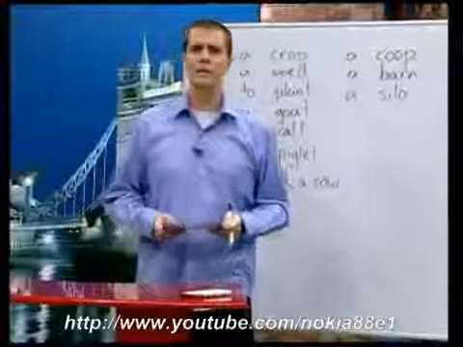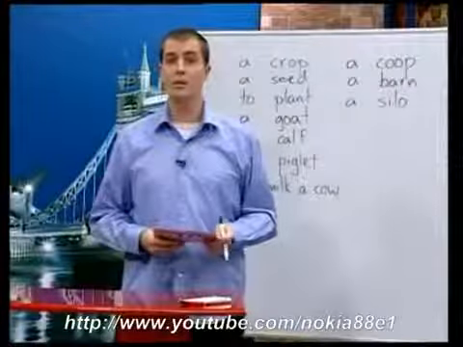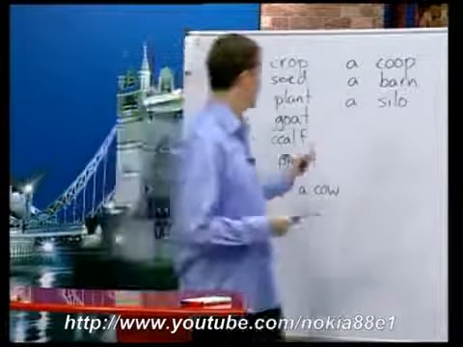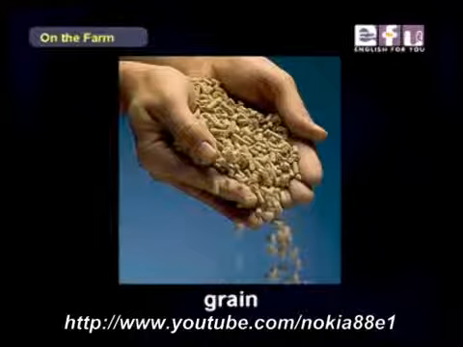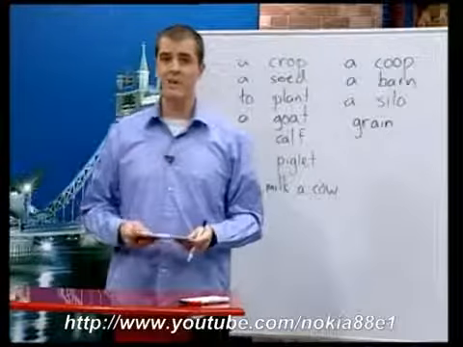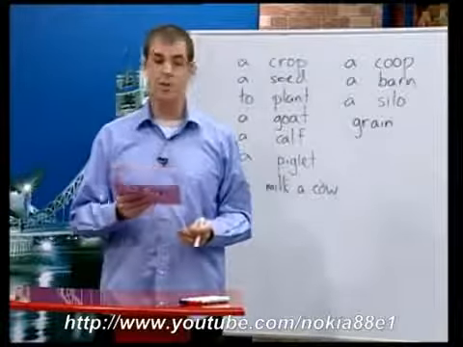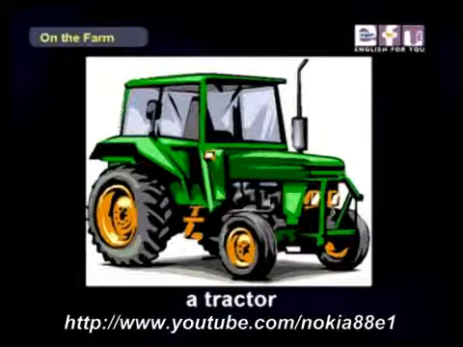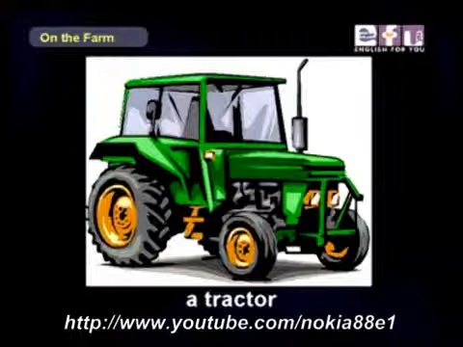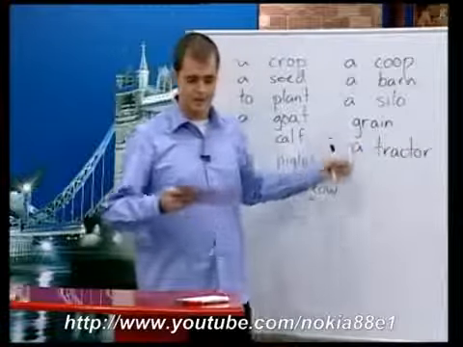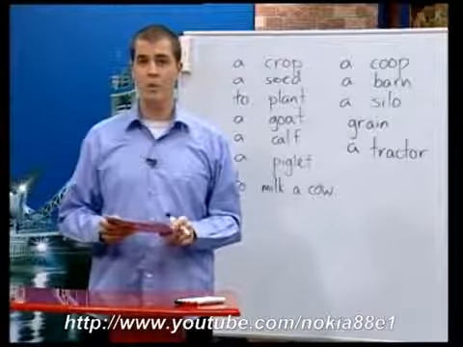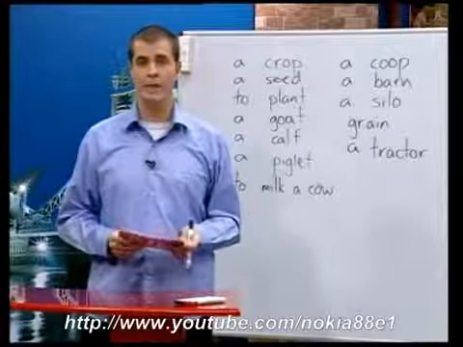A silo is a building that looks like a tower, and it's used to keep grain inside the tower. What's grain? Grain is the seeds of a crop, such as corn or wheat. We have a tractor. A tractor is a strong vehicle with large wheels used for pulling farm machinery.